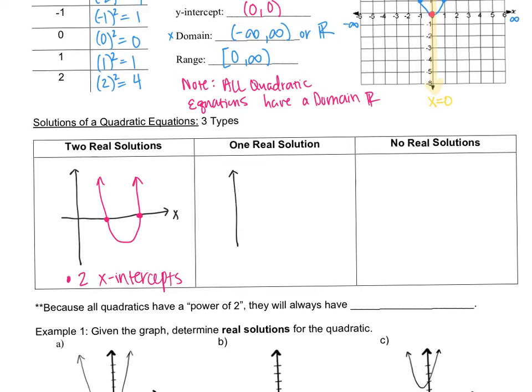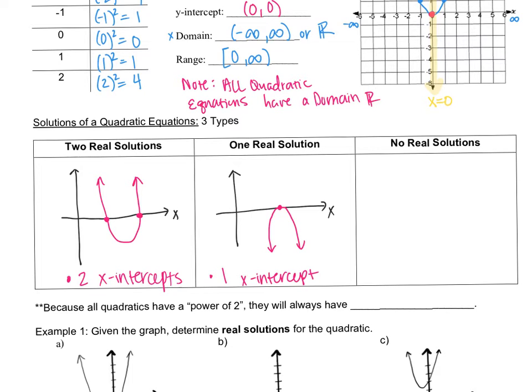One solution is a scenario where it just crosses one time on the x-axis. So this here is one x-intercept, or one solution. That could happen where it just hits the graph and then bounces back.